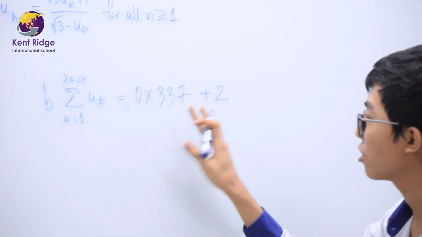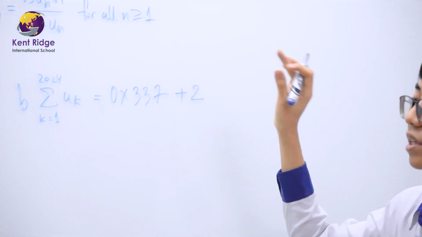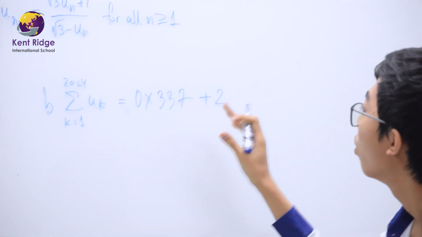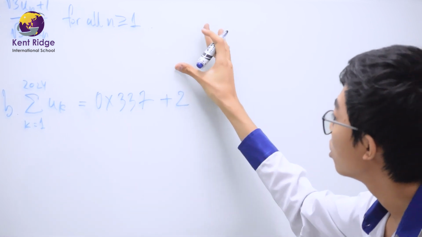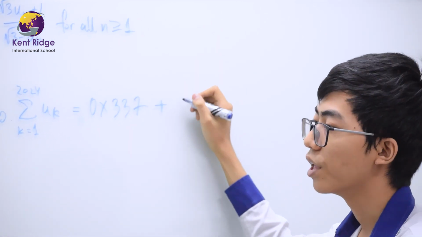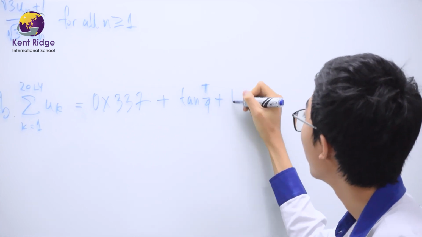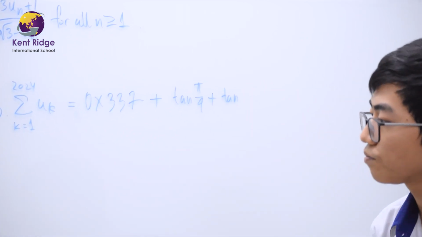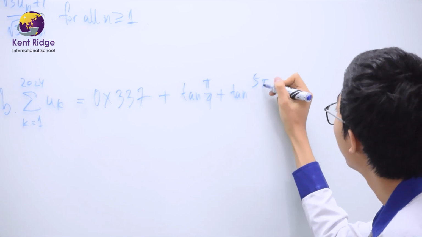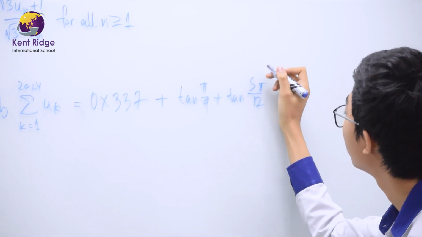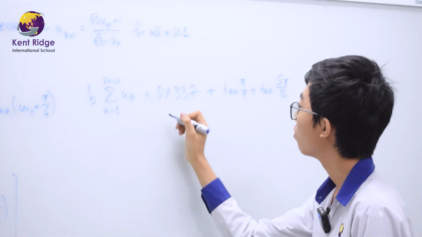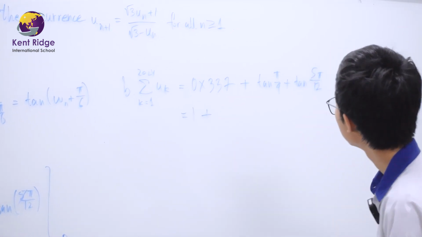The 2 is not actually a part of that, but these will be the next 2 terms that come up, which are u1 and u2. So now we replace this with tan pi over 4, which is just 1, then tan 5 pi over 12. Right. So now we have 1 plus.